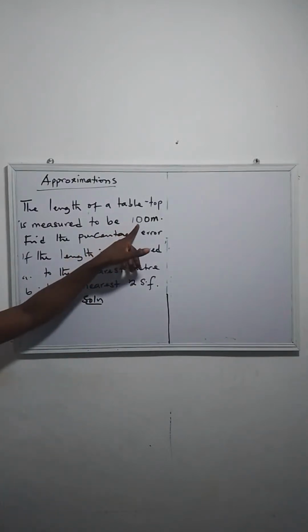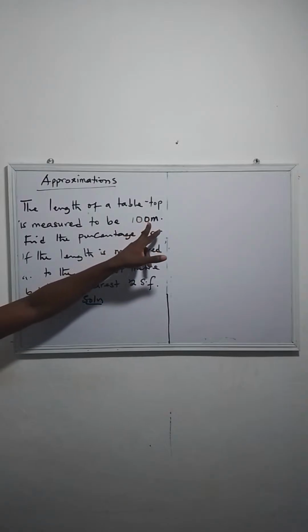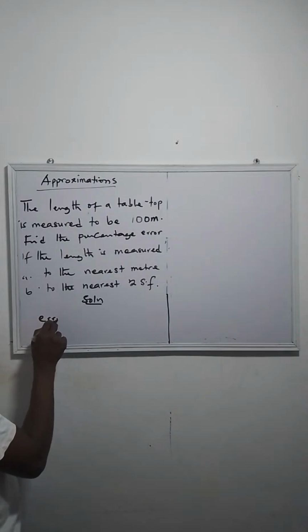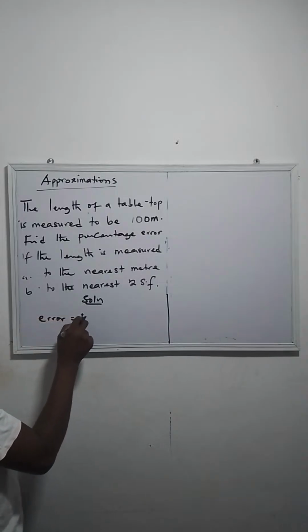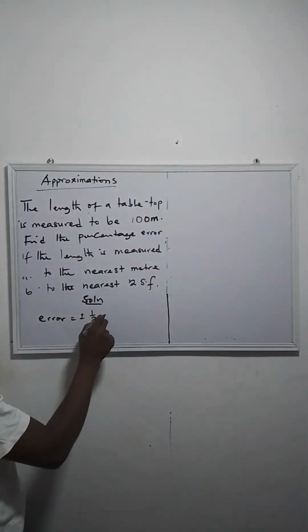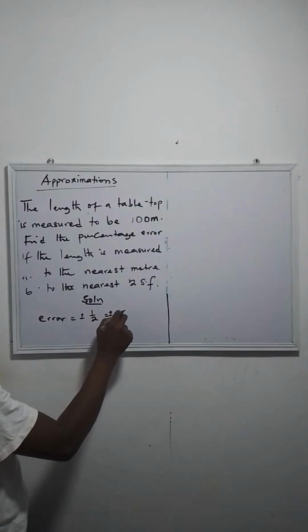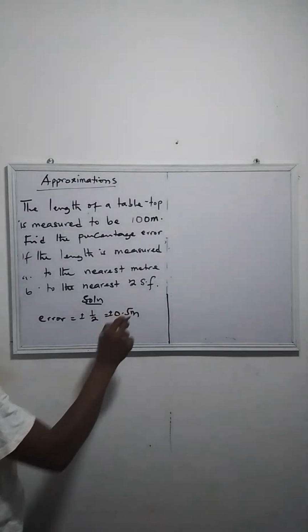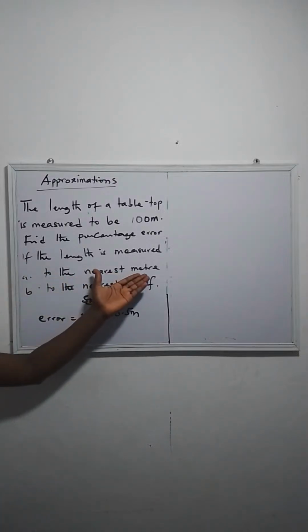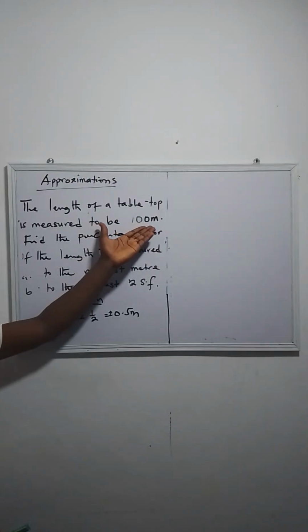The position of the nearest meter is the units position. So the error is going to be plus or minus the units divided by 2, and that is going to be plus or minus 0.5 meters. I hope you understand that. To the nearest meter is to the nearest units.